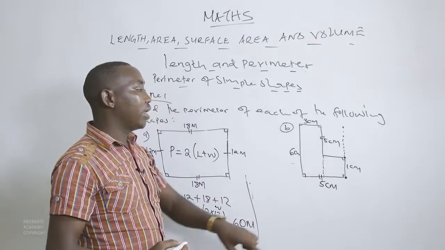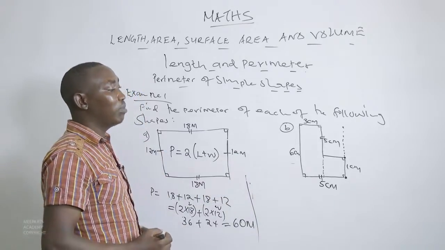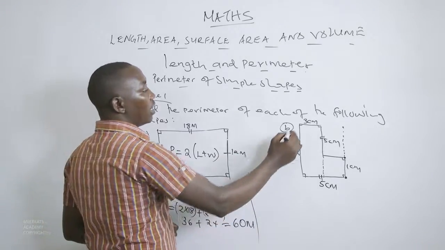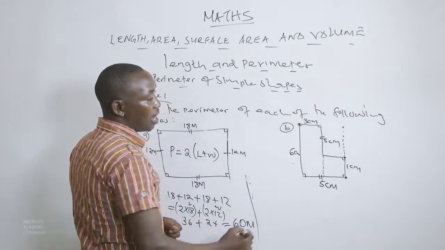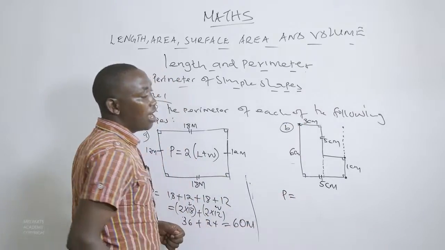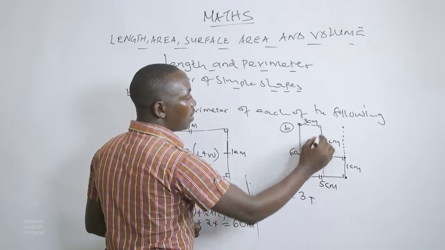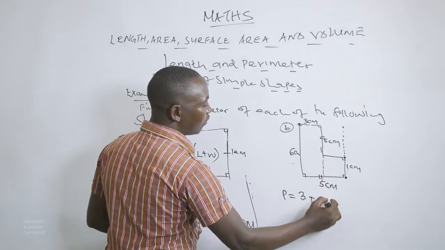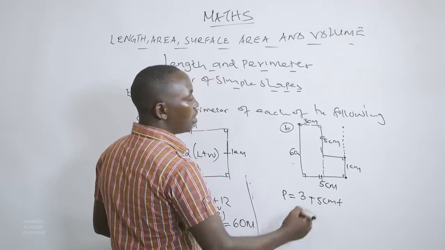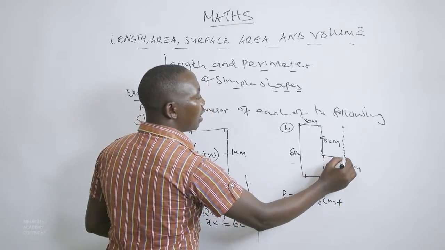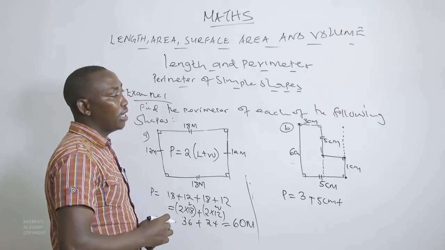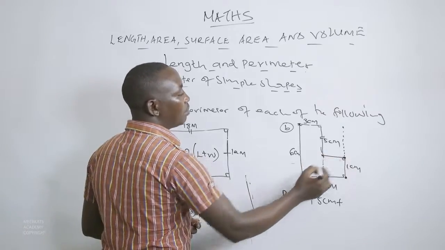Now to go around this figure, we begin from this point, and the perimeter will be 3 centimeters plus this one, which is 5 centimeters, plus we also need to find this distance from here up to there.